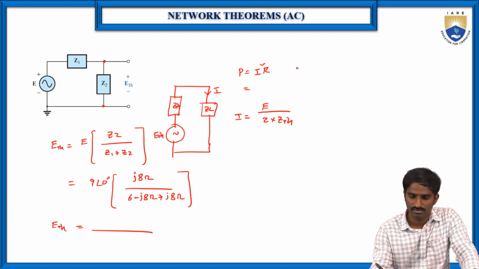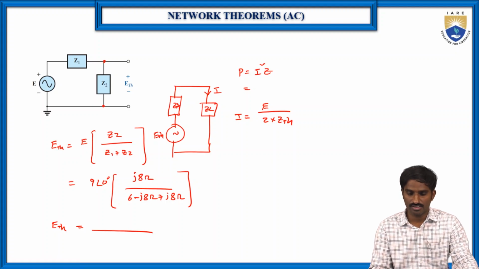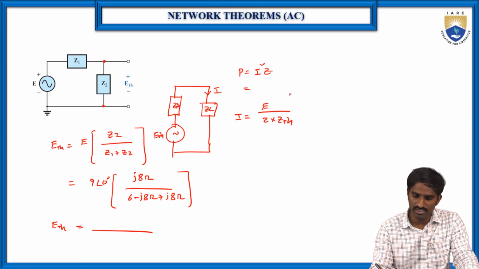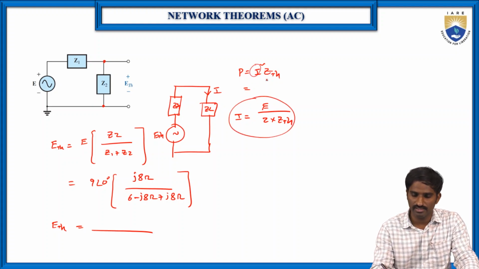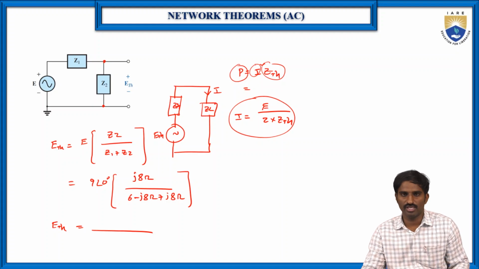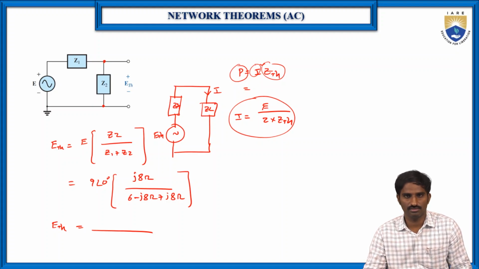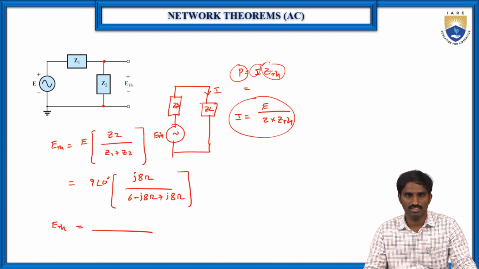Now I square Z, because here we are considering the impedances, and the Z is nothing but our Z Thevenin's. So from here you can calculate the I value, then substitute the I value and the Z Thevenin's value here. Then you will get the maximum power flowing through that particular load resistance, right? So this is how we can apply the maximum power transfer theorem.